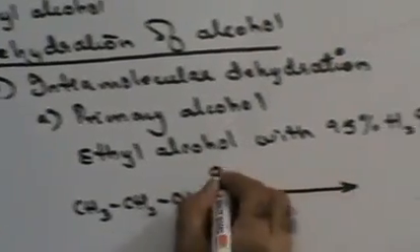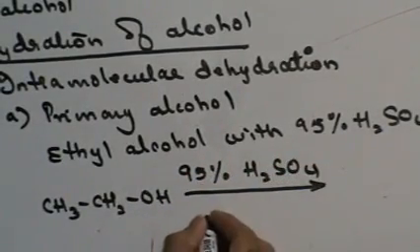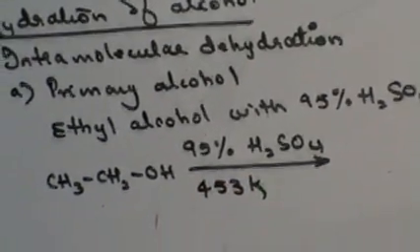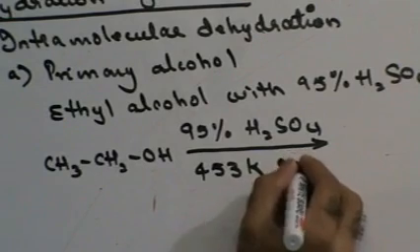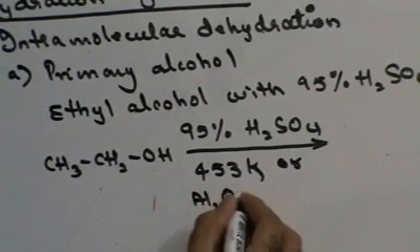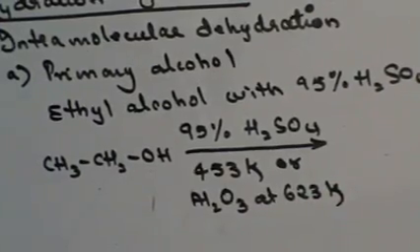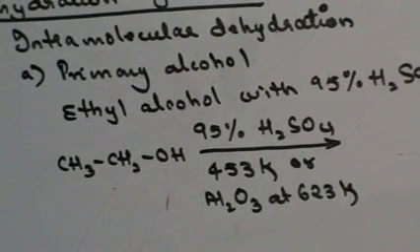In the presence of 95% sulfuric acid at 453 Kelvin, this reaction could also be done in the presence of aluminium oxide at 623 Kelvin. Either way I could do the reaction. Either I use 95% sulfuric acid at 453 Kelvin or I use aluminium oxide at 623 Kelvin.